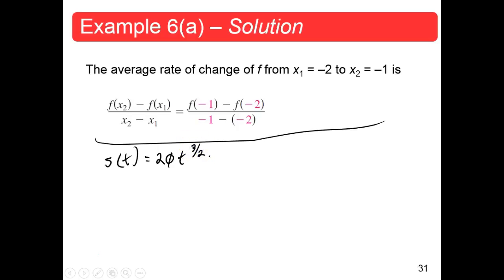Now, the A part of the problem we did last time. What's the average speed of the car from T1 of 0 to T2 of 4 seconds? And the second part is T1 of 4 seconds.